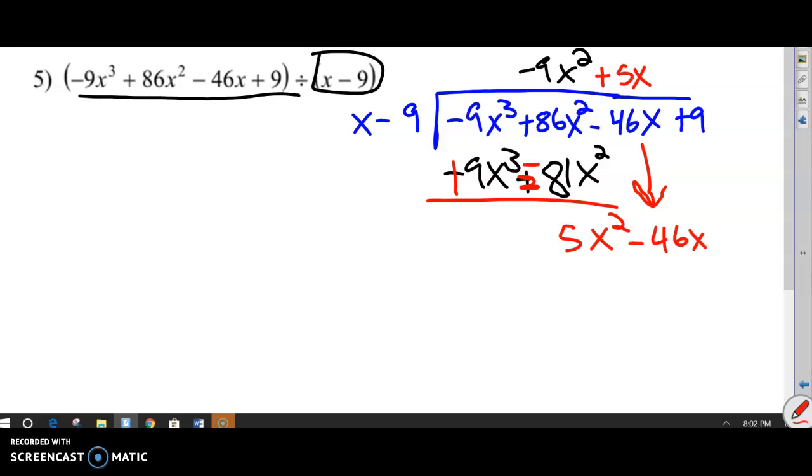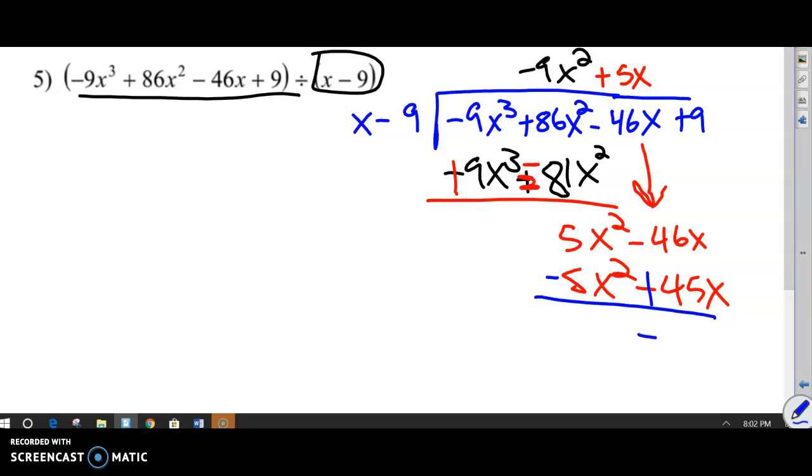So I take 5x times x, I get 5x squared. 5x times negative 9, I get negative 45x. At this point, I am once again going to change my signs because I'm subtracting, so I have to do it to both terms. And what I'm subtracting down here, so I get negative 5x squared plus 45x.